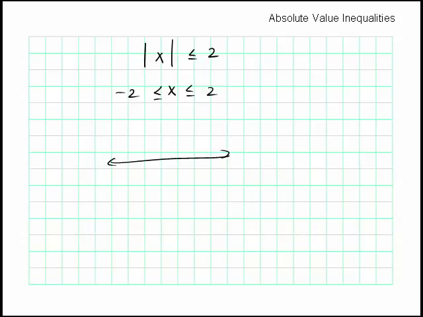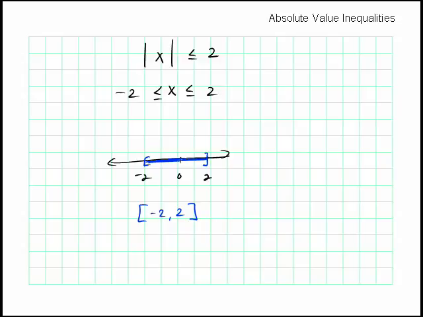On a number line, that means I just shade everything between -2 and 2, which would look like this. Brackets. And in interval notation, that would be bracket -2 to 2 bracket. Those are my solutions. Any number between -2 and 2 will make the inequality true. It works. It is a solution.